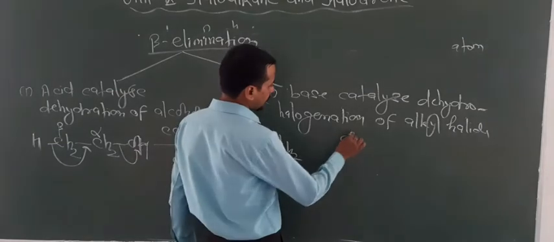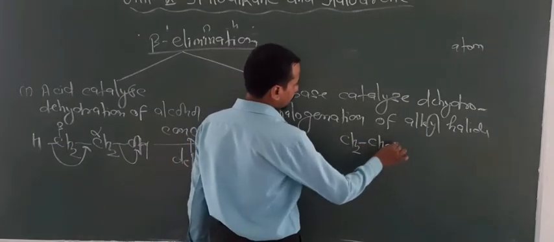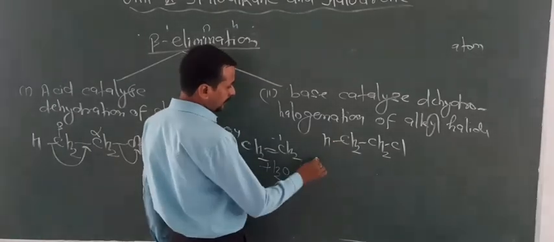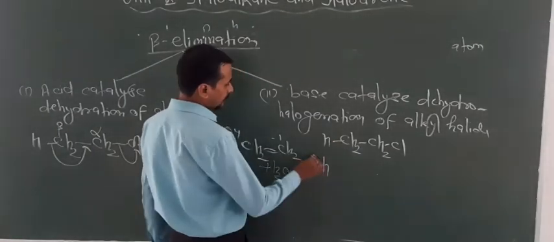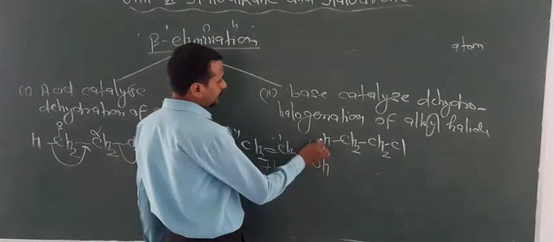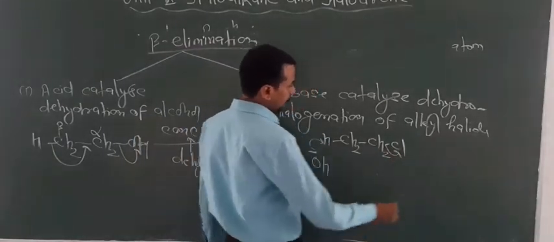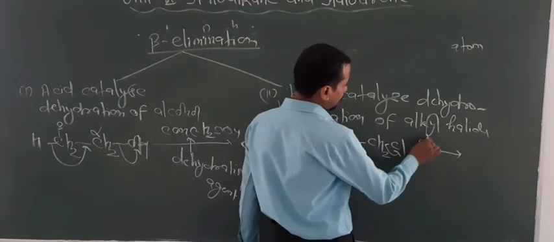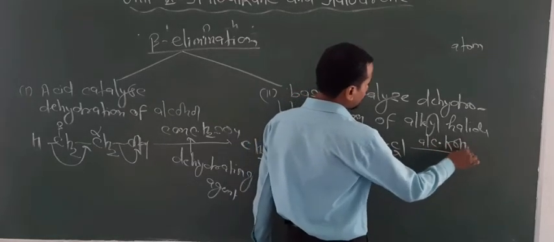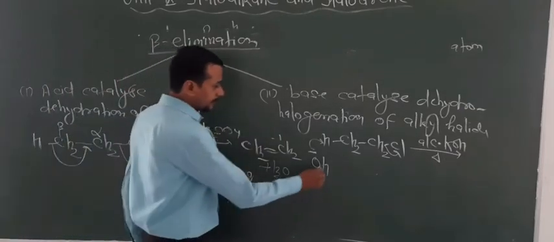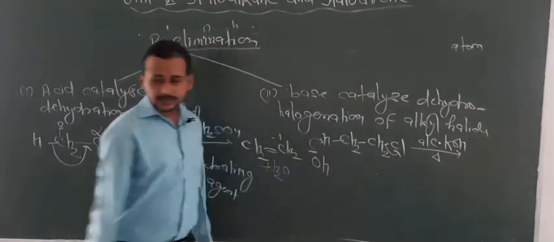Now let us focus here. Here what happens? CH2 single bond CH, single bond Cl, this is CH2, 1H is here. So this is a base catalyzed reaction. Here OH minus attacks this H, and now the bond breaks like this. This will happen in presence of alcoholic KOH. So now here the base may be OR and may be OH.